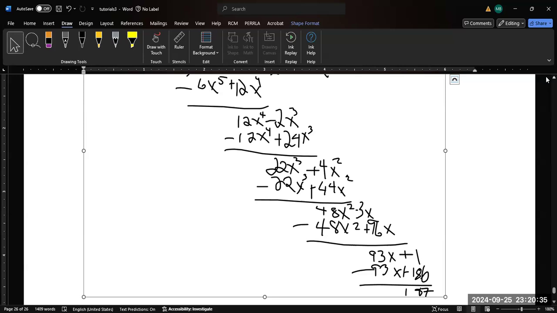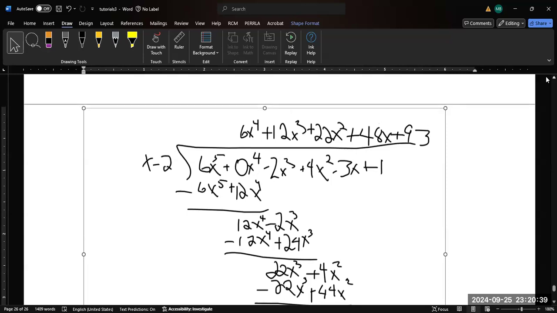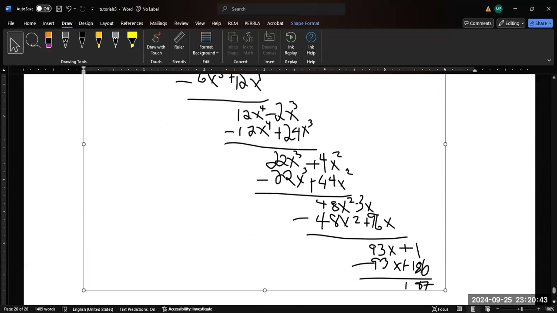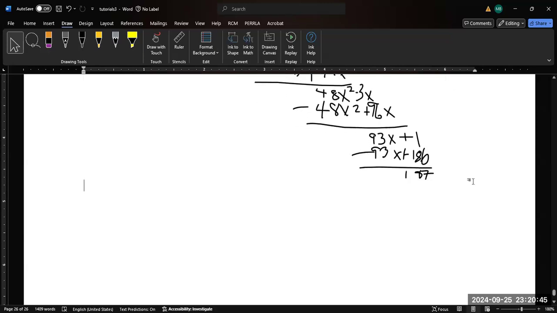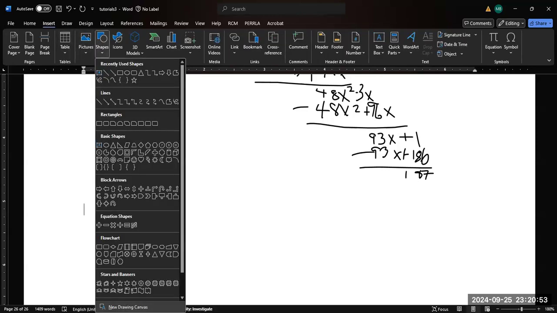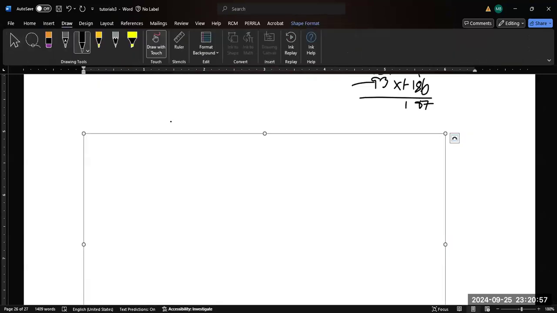That was a lot of work. Let's try the same problem again, but with synthetic division. And you'll find that one of the advantages of synthetic division is that it's going to take up much less space. So we're going to still set up our synthetic division using our leading coefficients.